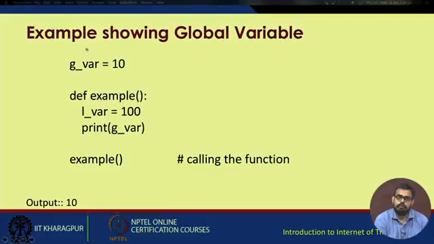So for example, before a function, suppose the definition of a function, def example, these are some operations. You define a variable as gvar equal to 10, and another variable as ivar equal to 100. So within example you can call gvar, but outside example you cannot call ivar.